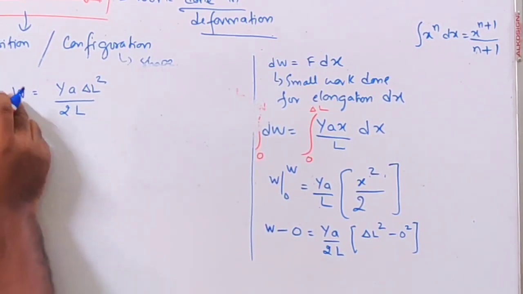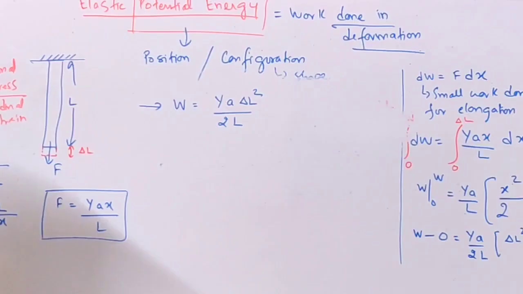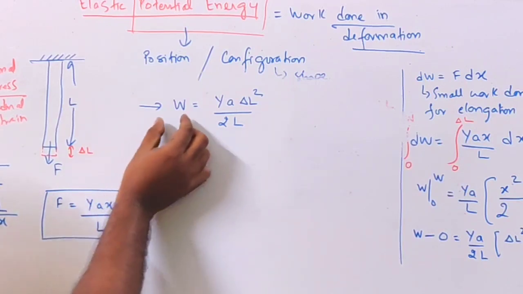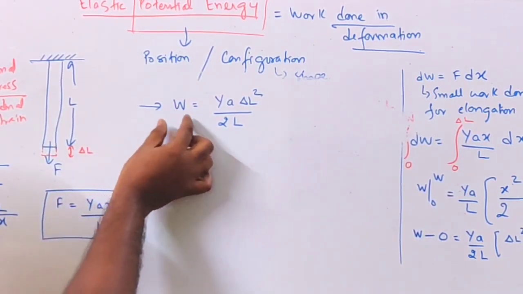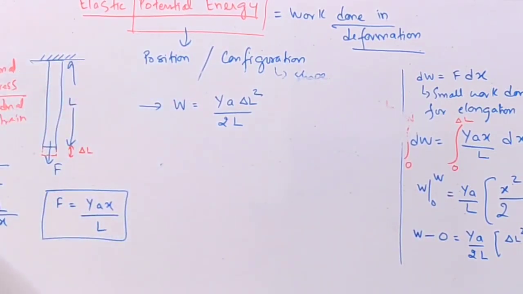This work done is the work done by the external force in producing an elongation delta L. So this work done gets stored in the system as elastic potential energy.